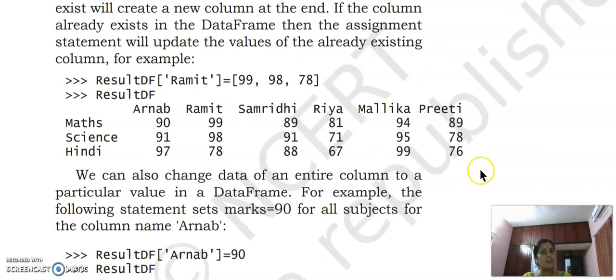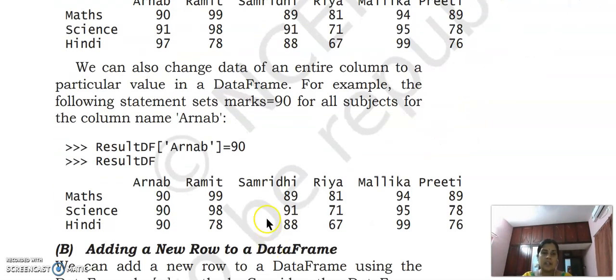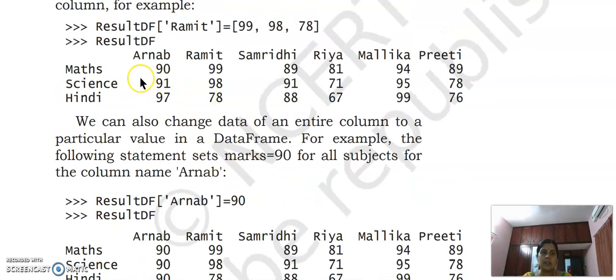In the second case, if the column exists, the values in that column are replaced. Another method is changing an entire column. Suppose we want to change the marks in math, science, Hindi, and Arnab got 90 marks in all three subjects. Then the method is result df of Arnab equal to 90.